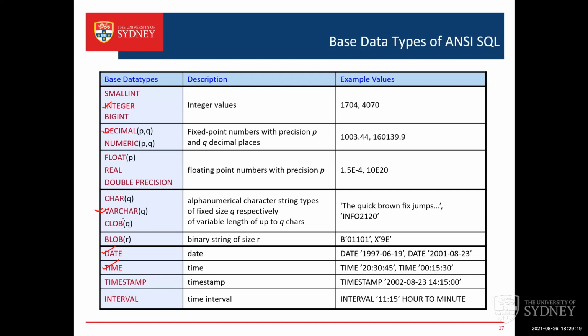Someone is asking, what is the difference between character and varchar? So that is the memory management issue. Varchar simply means, like I said, what is the maximum size we can have? Let's say 10, so I can have a maximum of 10. For character also I can say, let's say maximum 10. So it looks the same, right? Character 10, varchar 10.